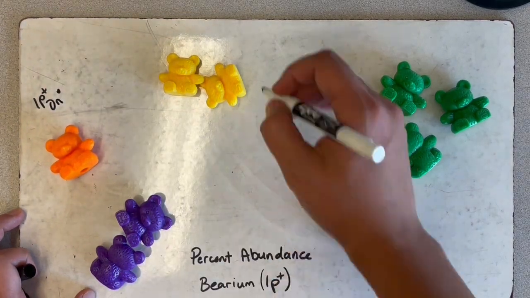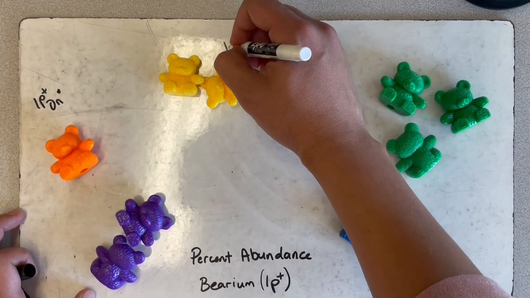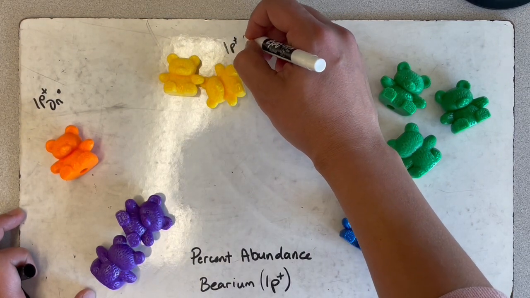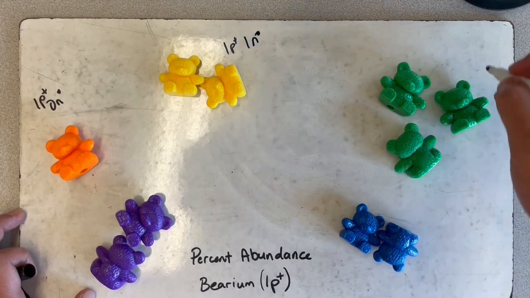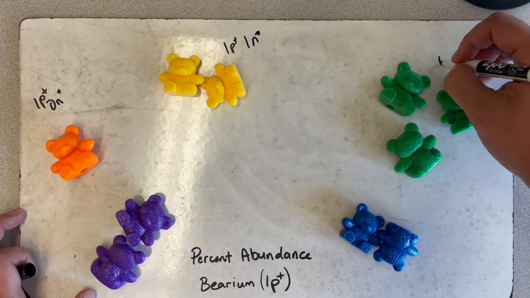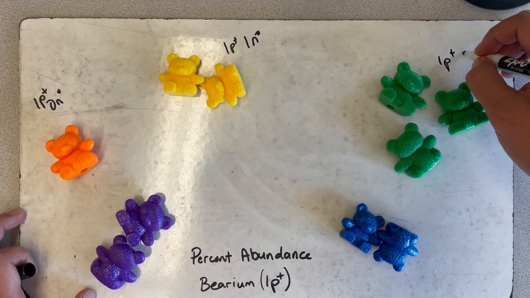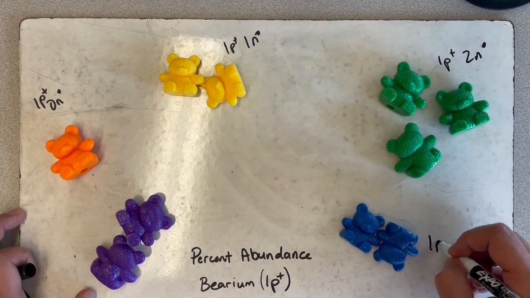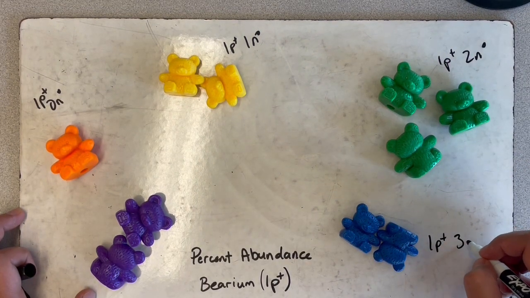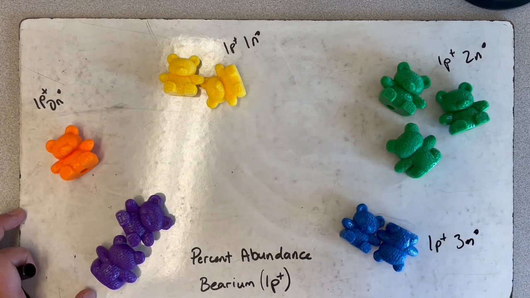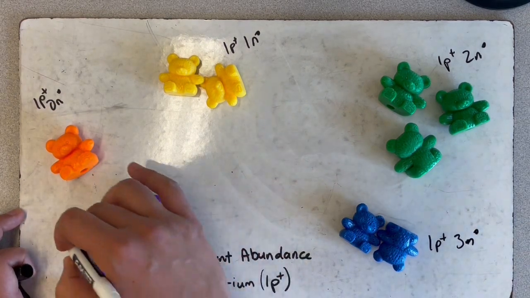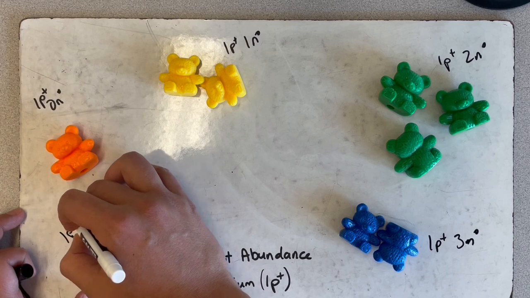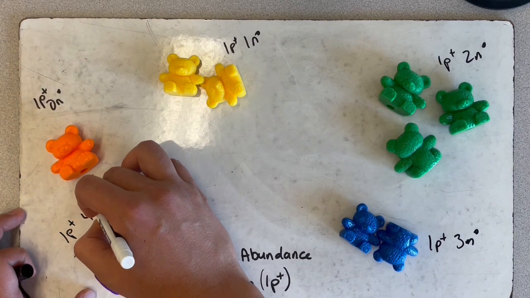And then we have the yellow barium here, which is 1 proton and 1 neutron. Here we have the green bears, which have 1 proton and 2 neutrons. We have the blue bears here, which have 1 proton and 3 neutrons. And then we have the purple bears here, which have 1 proton and 4 neutrons.